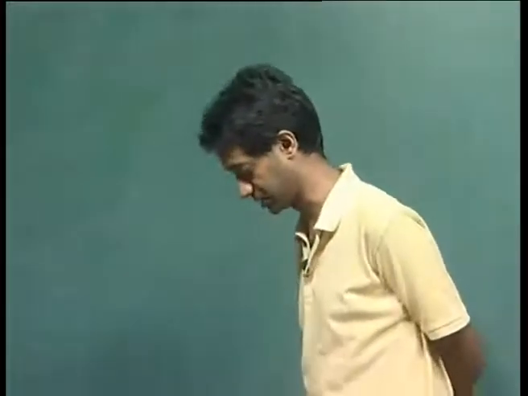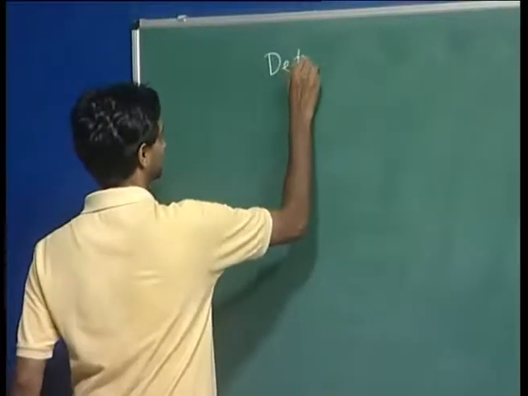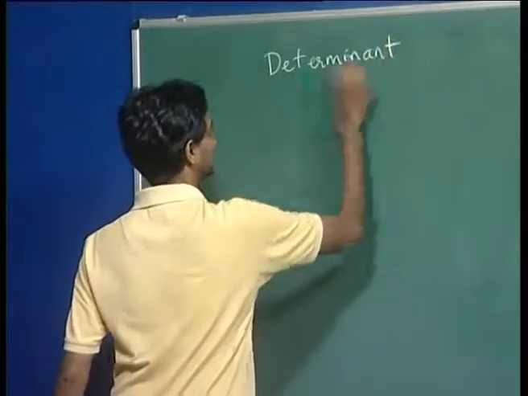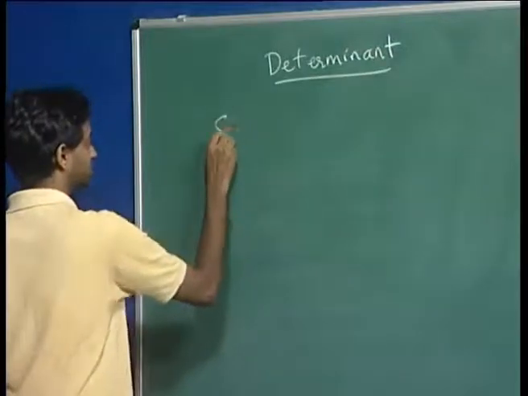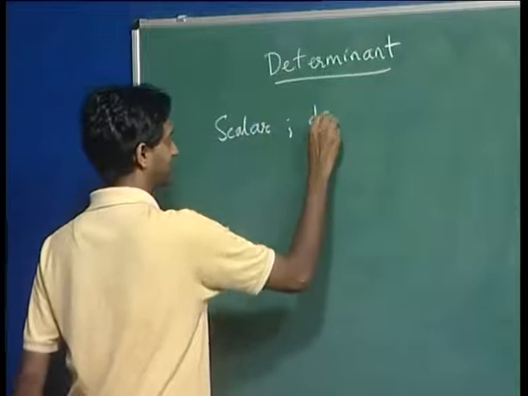The next concept that we do involving matrices is the concept of the determinant of a matrix. The determinant of a matrix is a scalar quantity, and it is defined only for square matrices.